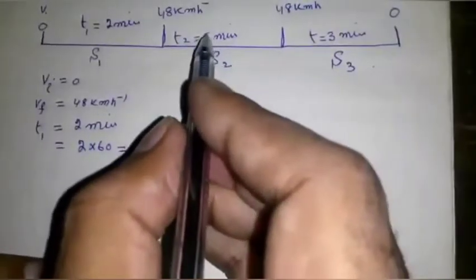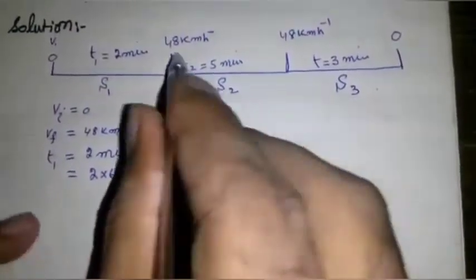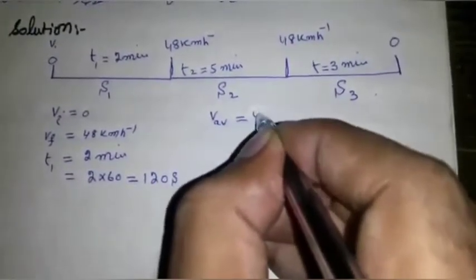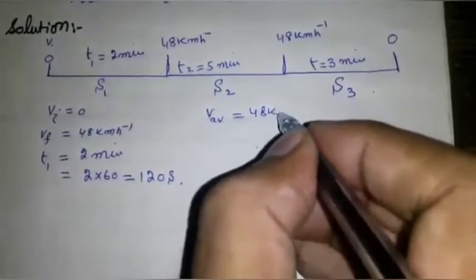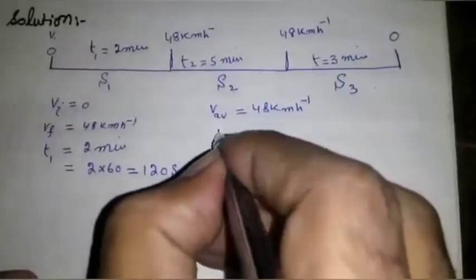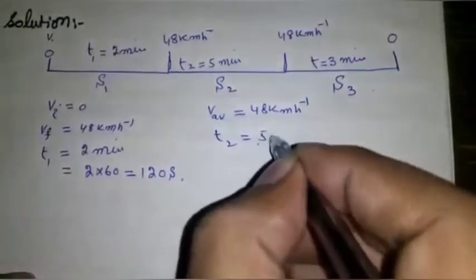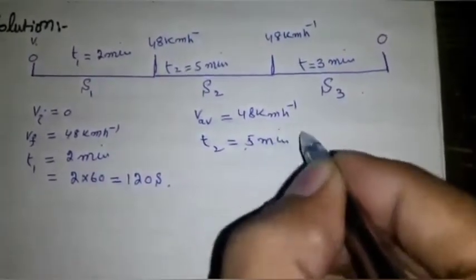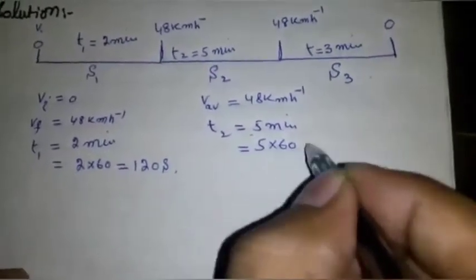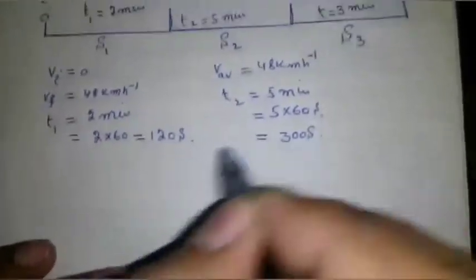Now in the second case, here V is constant, or V average is equal to 48 kilometer per hour, and time t2 is equal to 5 minutes, which is equal to 5 into 60 seconds, which is equal to 300 seconds.